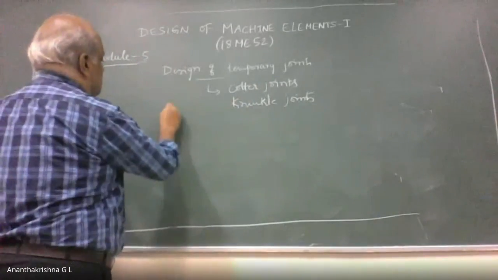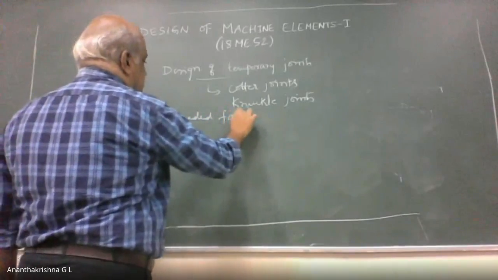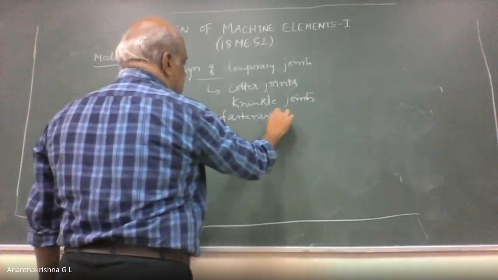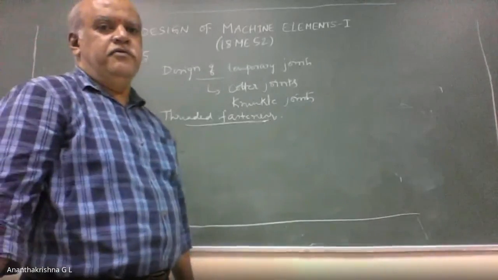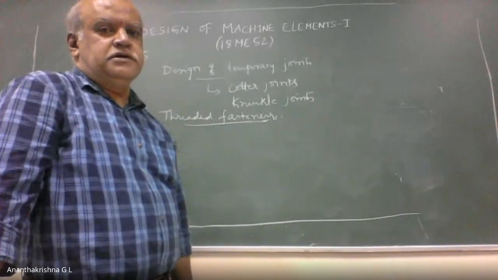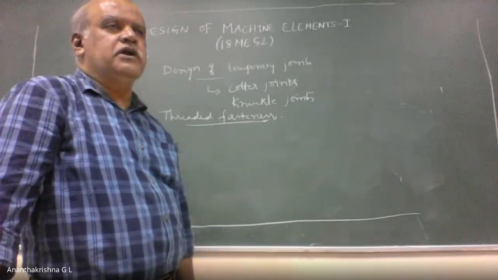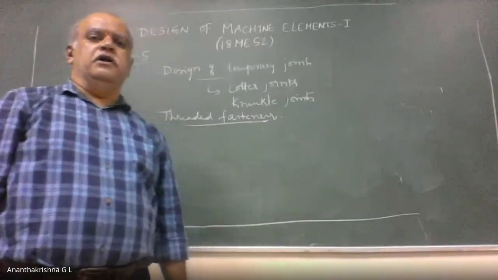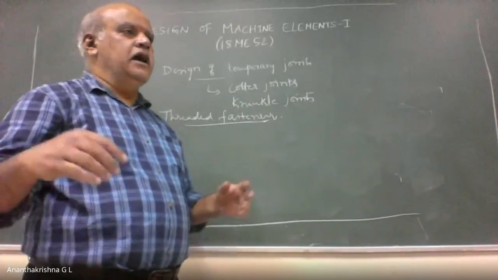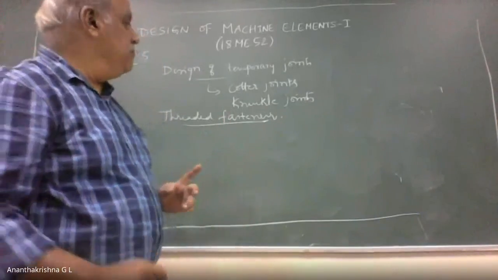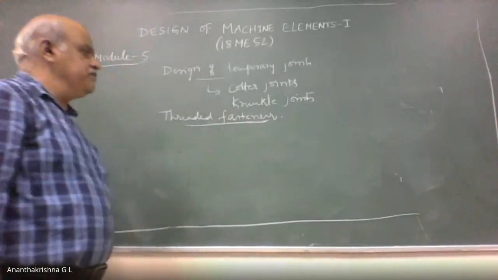Second topic in module 5 is threaded fasteners, or essentially you can call them bolted joints or design of bolted joints, where we are going to learn about stresses in threaded fasteners. Then we learn about effect of initial tension. Then we learn about design of threaded fasteners under static, dynamic, and impact loads, and also eccentric loading. So this is what we learn in threaded fasteners.